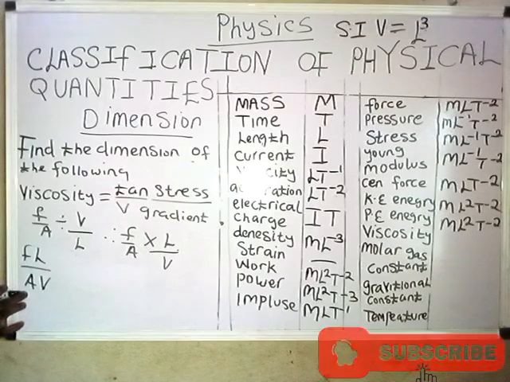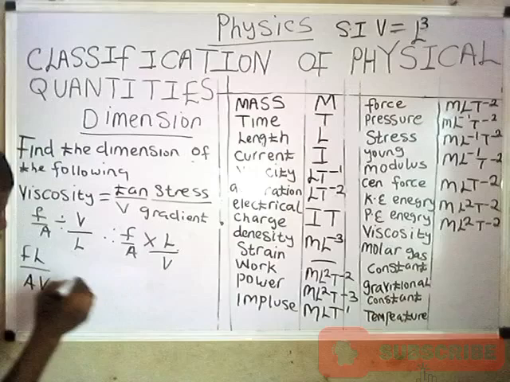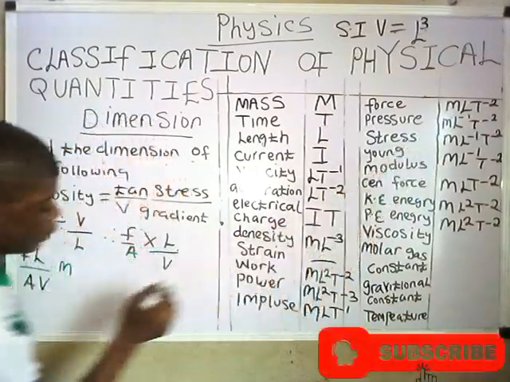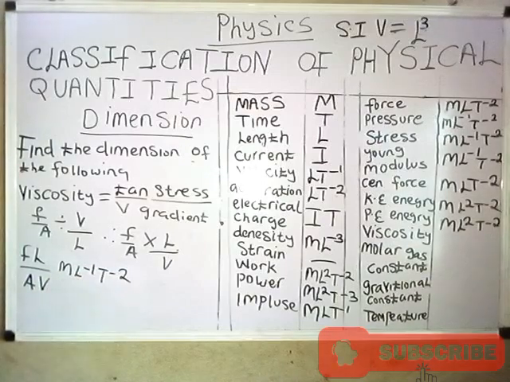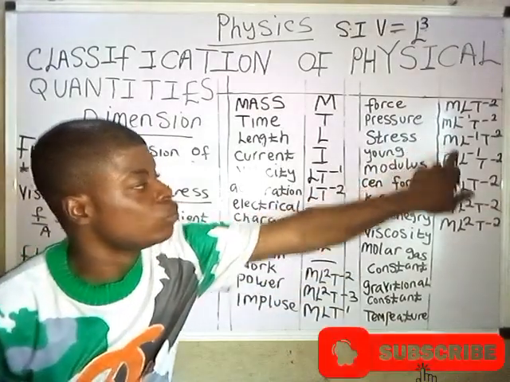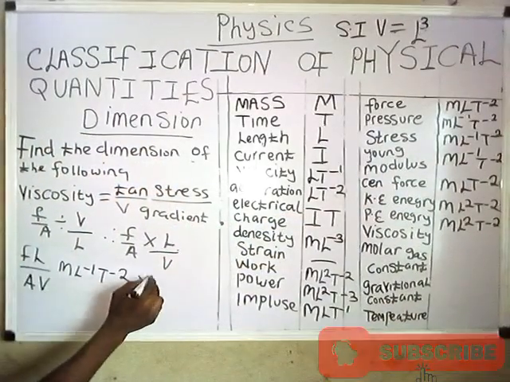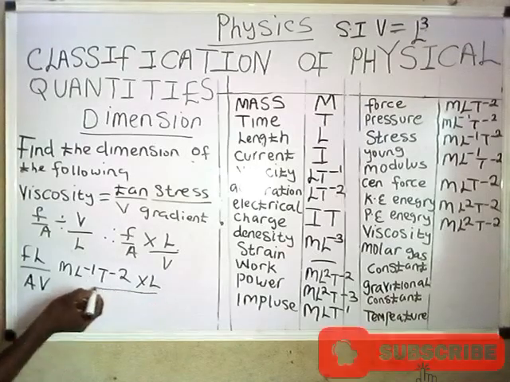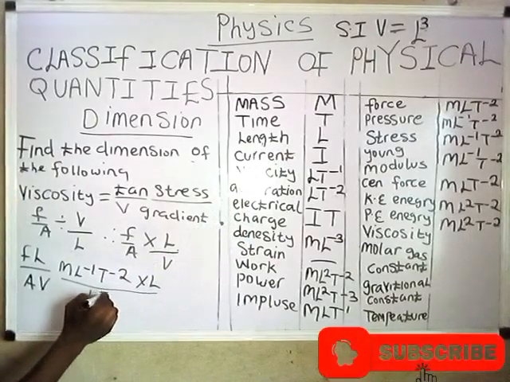So the dimension for stress in the table is M L^-1 T^-2. That is the dimension for stress, which is force over area. What's velocity? The dimension for velocity in this table is L T^-1.